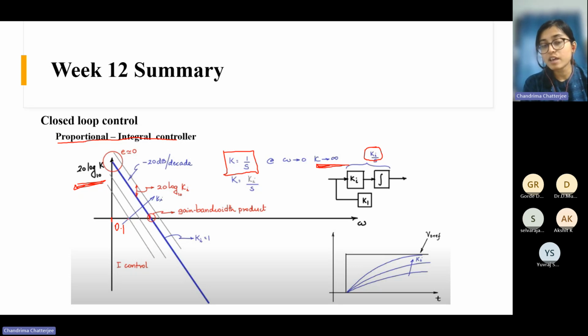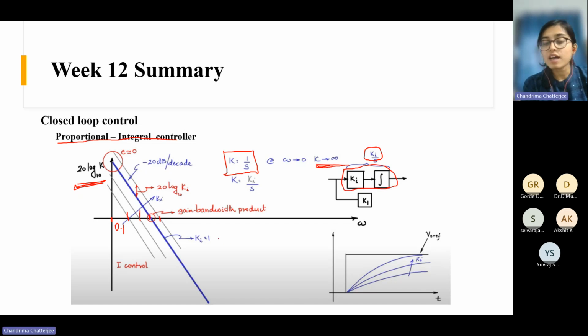You can have lower bandwidth ones, where the bandwidth is smaller, from here to here, and you can also have higher bandwidth ones, like this. So you can have a set of parallel lines based on Ki values, right? So Ki and then one integrator. This is the integral controller, right?